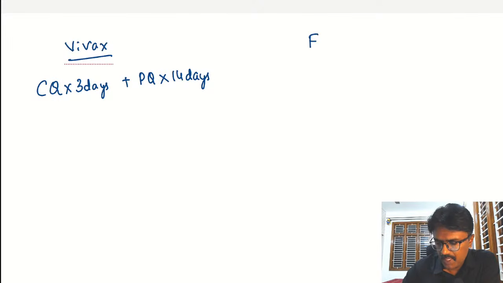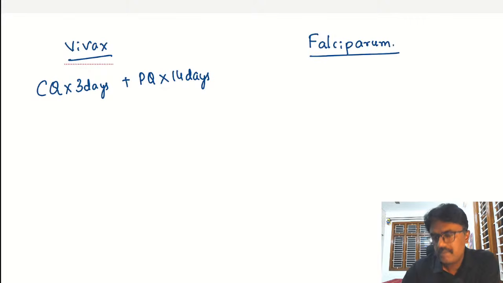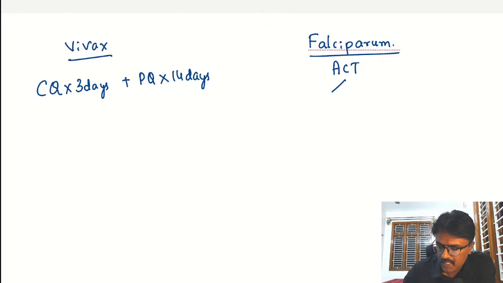If we are managing falciparum, this falciparum is resistant to chloroquine, so we use a regimen called ACT regimen, artemisinin combination therapy. It depends on which part of country you are treating, northeastern part or rest of India.